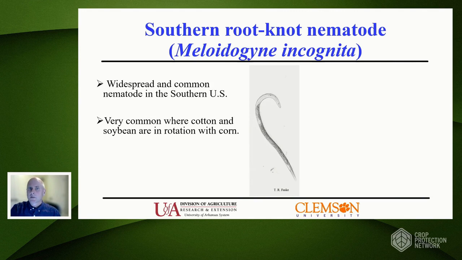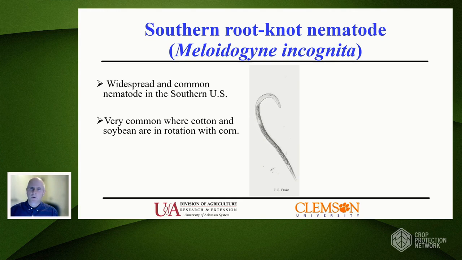Southern root knot nematode, again, is probably one of the most widespread and common nematode species throughout the southern U.S. Of course, in both of our respective states where you have cotton or soybeans that are susceptible to root knot, you're not out of any kind of a host. We're not reducing the population density, and in those fields it may be more problematic and certainly more common.